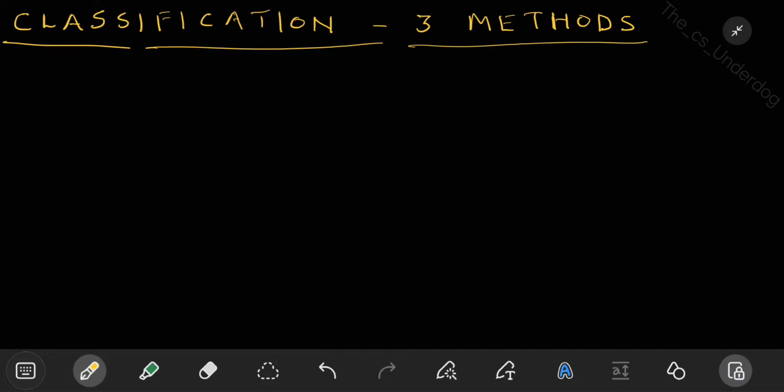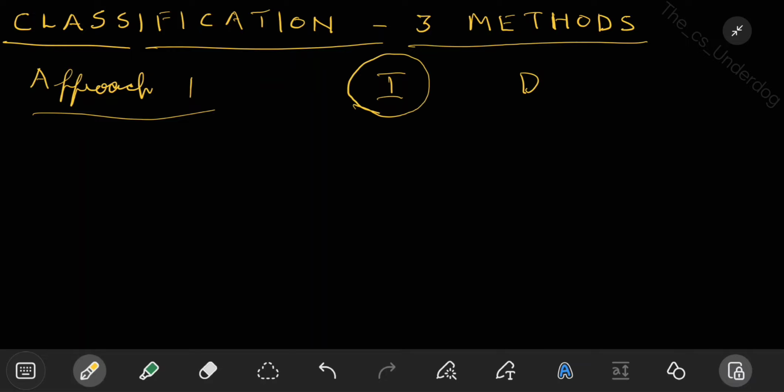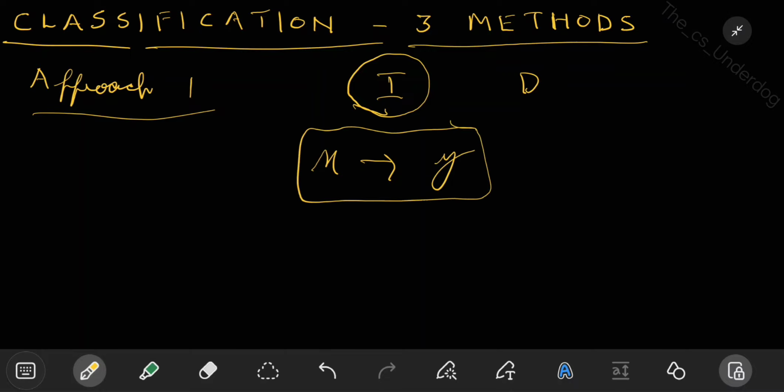So the first thing, our approach 1. This is our first approach today. See, in a classification problem, you have an inference stage and then a decision stage. In the inference stage, you make your model learn, you train the model so that when you give some input X, it will give some output Y. Okay, this is your inference stage.